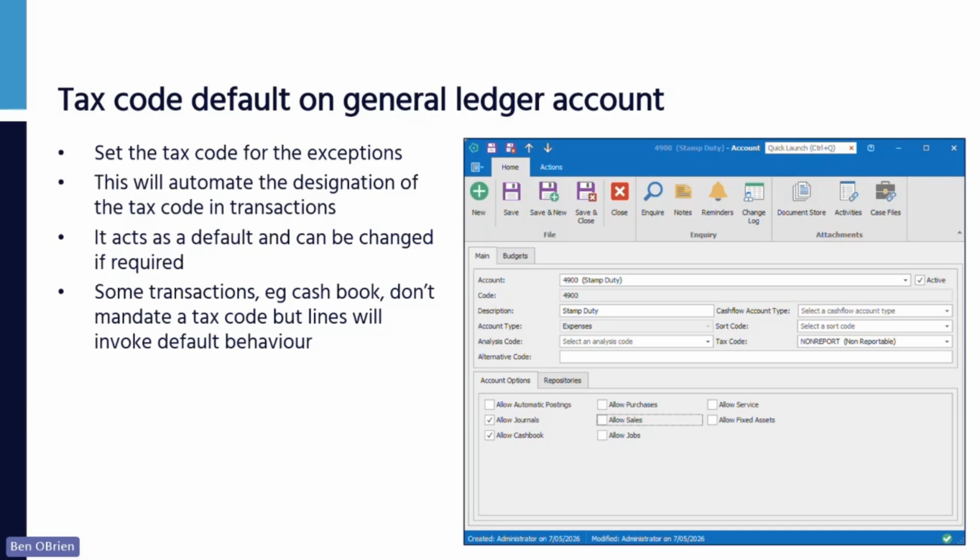You can clear that tax code if it's not relevant, but it's easier to set the system up as I've prescribed. Set up your non-reportable tax code, attribute that to the relevant general ledger accounts, and when you go to do your cash book transacting, it's all set and forget. You don't have to worry about clearing that tax code or perhaps misreporting something as zero rated. Or I guess the flip side as well, accidentally putting tax on something that does not require it.